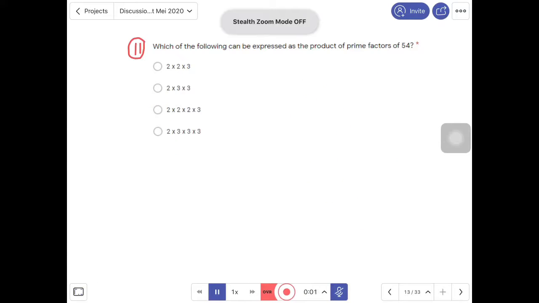Alright, here we have to do prime factorization. So you just take 54. And how do you get 54? You multiply with the smallest prime factor, which is 2. 2 multiply 27. And then we break up the 27. Take the smallest prime factor of 27, 3 multiply 9. And then break up the 9.